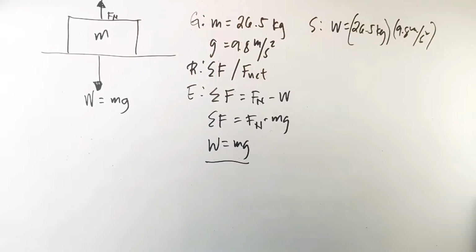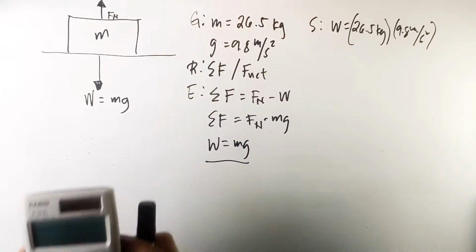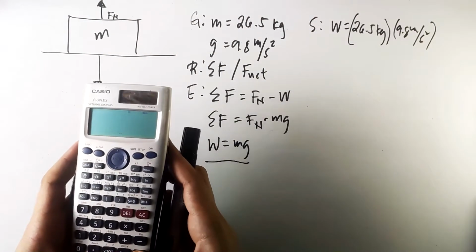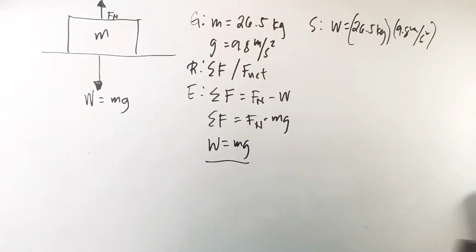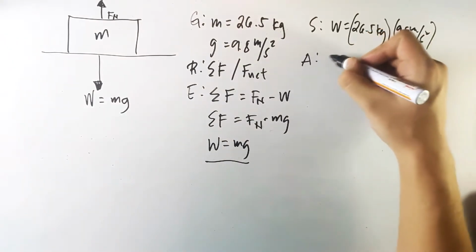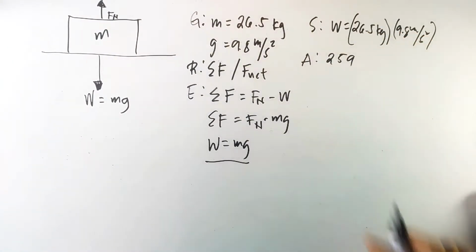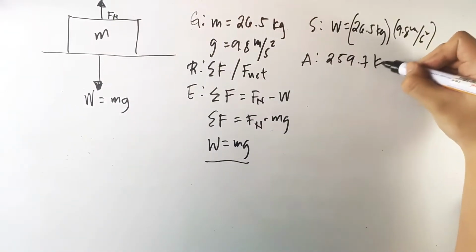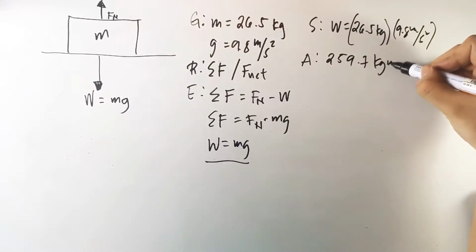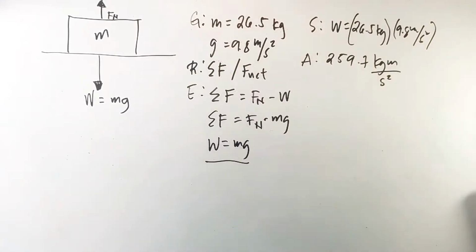You cannot cancel any units because they're all different, so what you can do instead is multiply. 26.5 times 9.8 gives 259.7. You can copy the unit, so that's kilogram times meter over second squared.